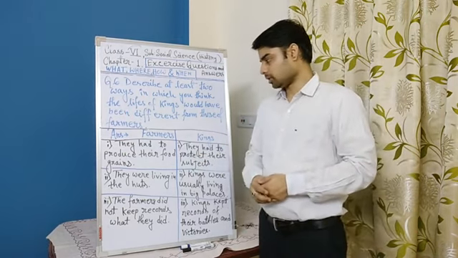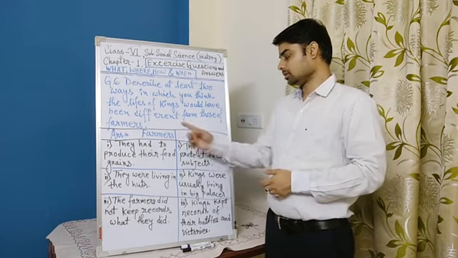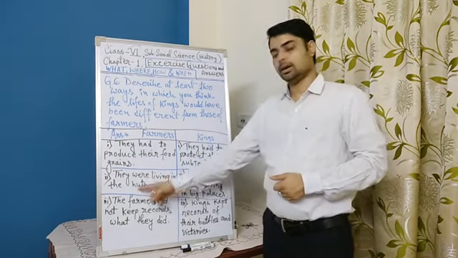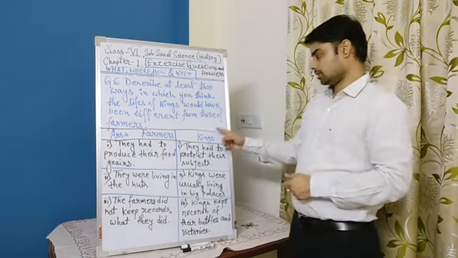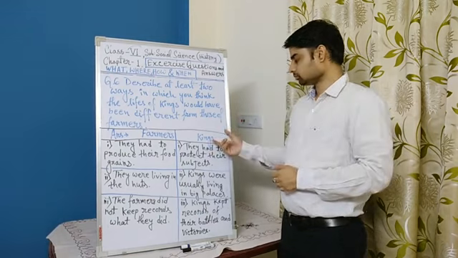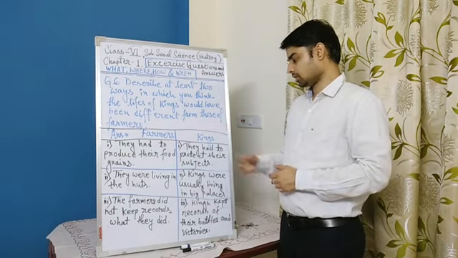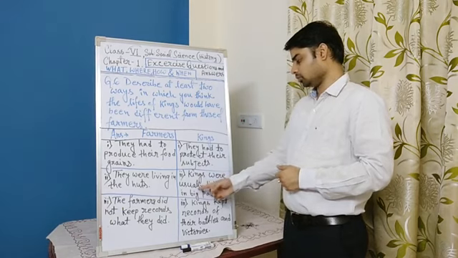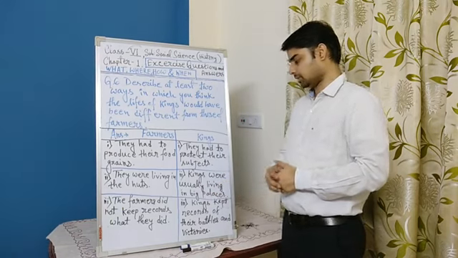Now next point in the column of farmers, number 2: they were living in huts. And now in the column of kings, point number 2: kings were usually living in big palaces.